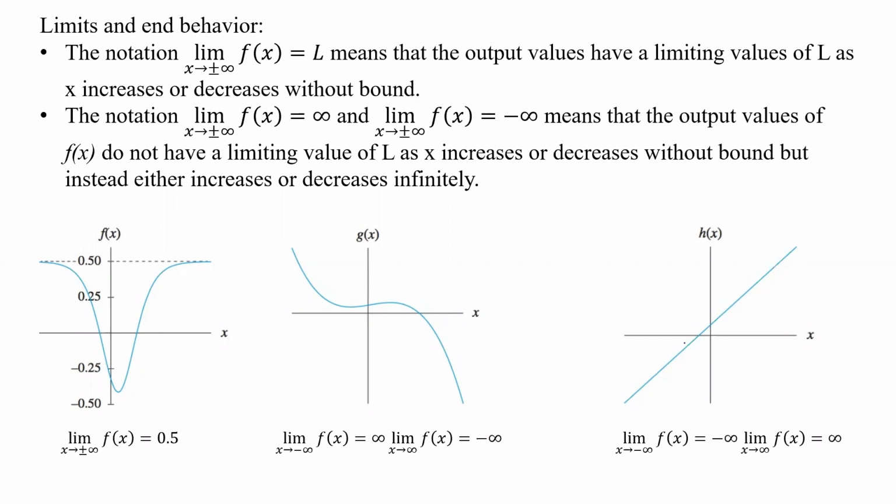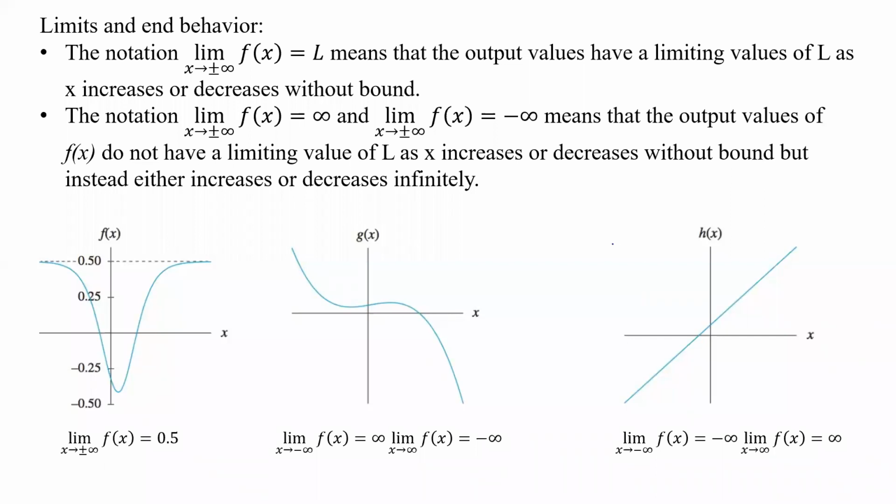And the same thing goes with the straight line, okay? So it doesn't matter what straight line. In this case, our line has positive slope. And so that means as we take the limit of f of x as x goes to negative infinity, we get negative infinity for our limit. And the limit of f of x as x goes to positive infinity is going to be positive infinity because it's just going to keep going up without bound.